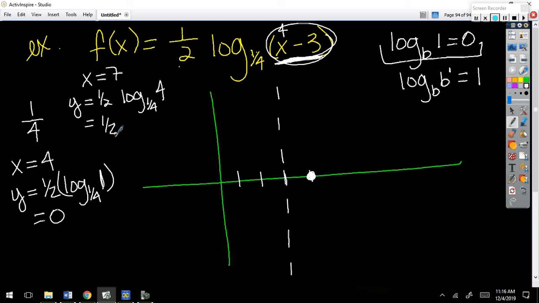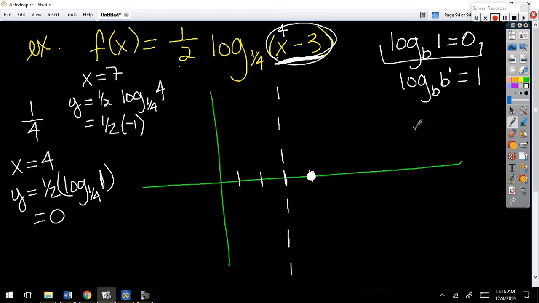1/4 to the what power is 4? Close. -1. Remember, I want it to be the same as the base or the flip, because the flip would just be -1, right? Can you say that again?